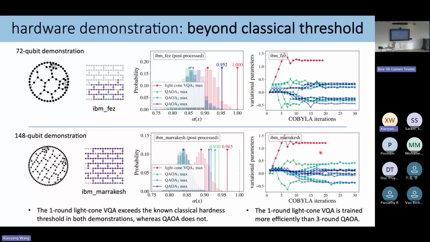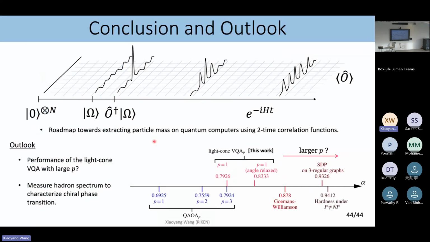Okay, so this is all my presentation. In this talk, I introduced the roadmap towards extracting particle mass on a quantum computer to calculate the two-time correlation function. And additionally, we discussed the method to prepare the ground state of the Hamiltonian. But theoretically, we still have a very large step to have a very accurate state preparation.